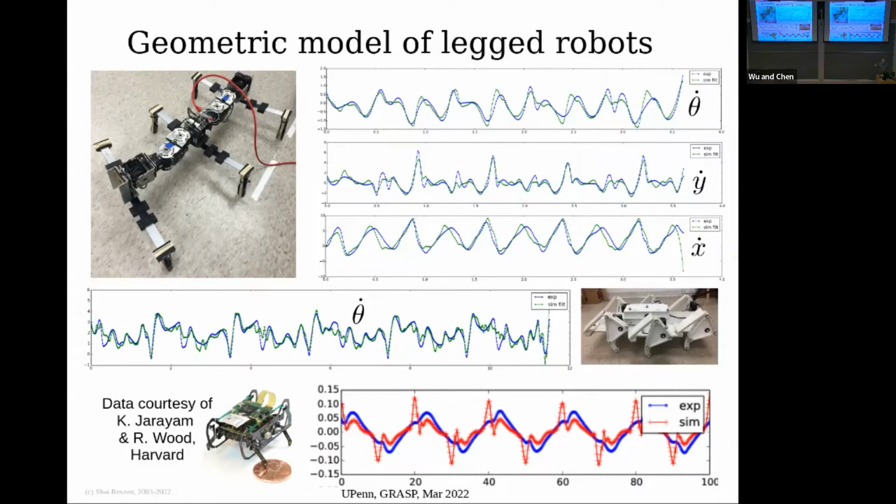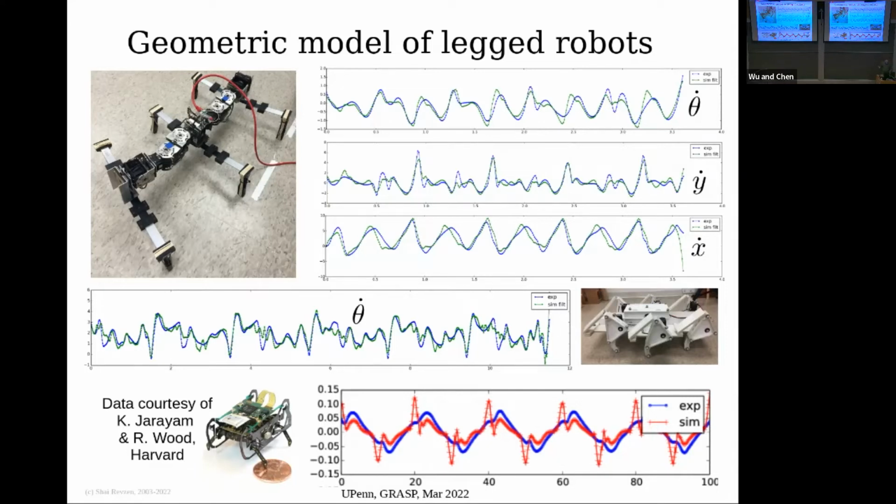It also worked for our other six-legged robot that you see in white. And then we asked some folks at Harvard to give us their quadruped robot data, and it worked for that robot too. So at that point, we got pretty worried that we're getting the right results from the wrong physics.